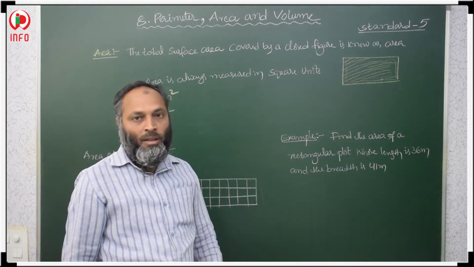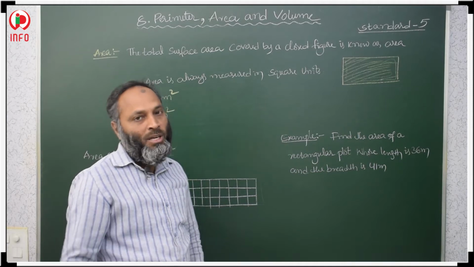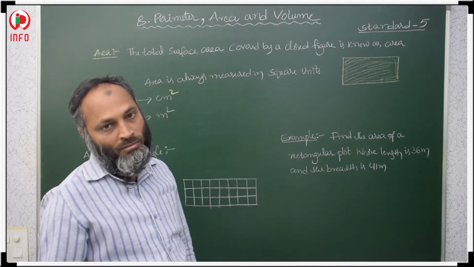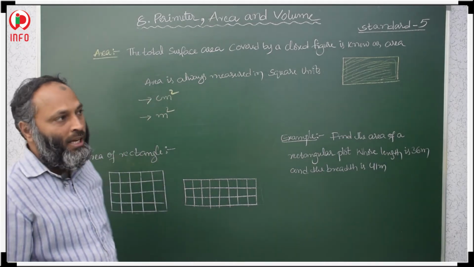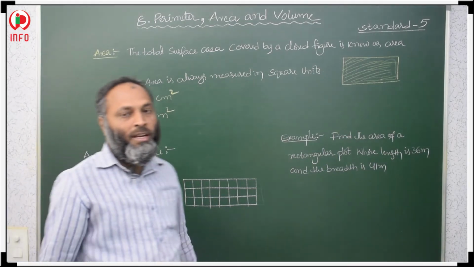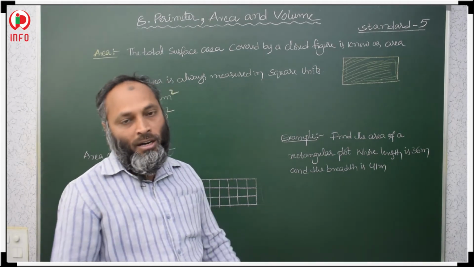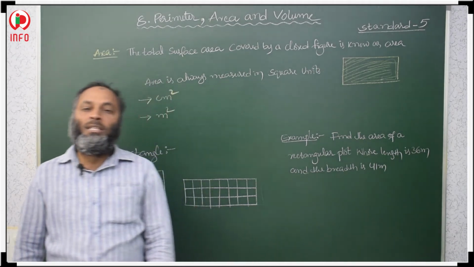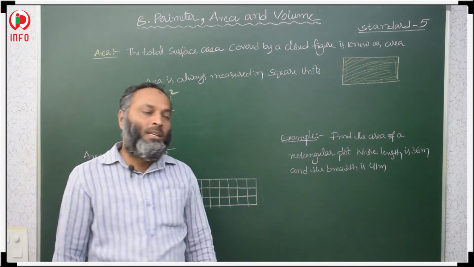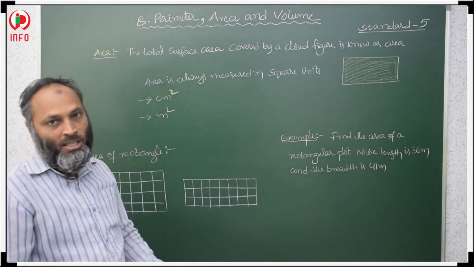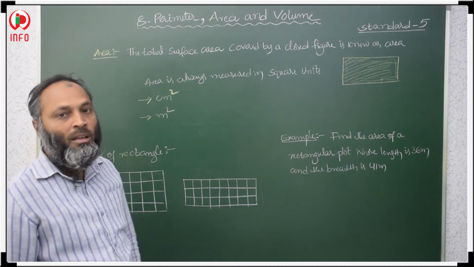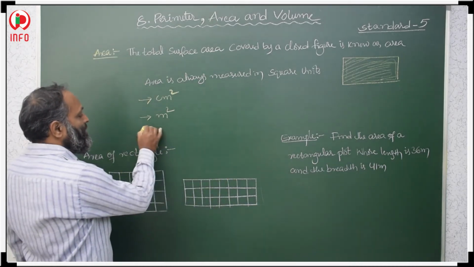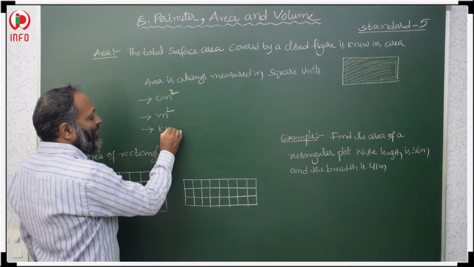For the area of a particular country, city or place, a city is at a very far distance, so we measure in kilometers. Here the units are kilometers, so we take kilometer square.